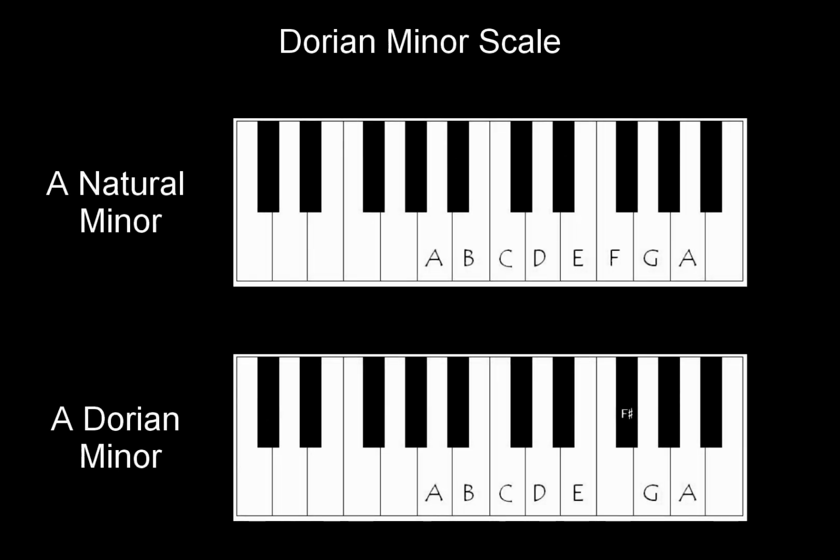The next type of minor scale is the Dorian minor, which is very similar to the natural minor but has a raised sixth scale degree.